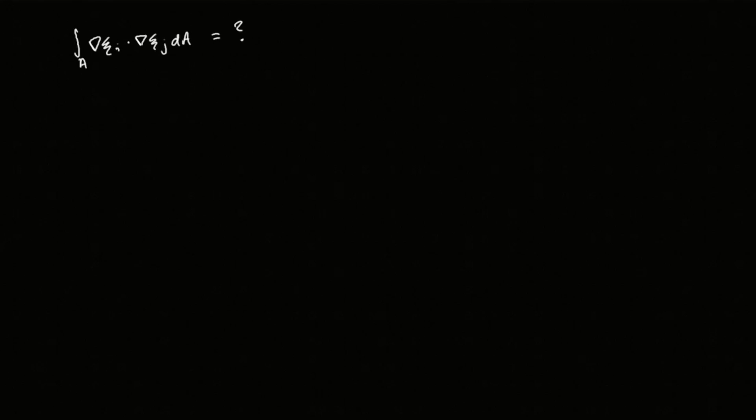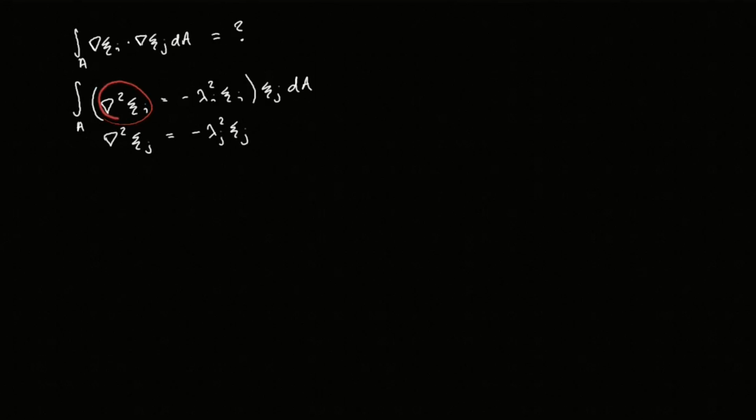We know that del squared xi I equals minus lambda I squared xi I. And we know that del squared xi J is going to be minus lambda J squared xi J. What I'm going to do is multiply this equation by xi J. Then we're going to integrate over A. And then on this first term, we're going to do an integration by parts once.